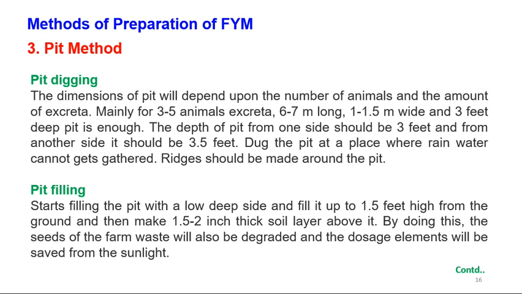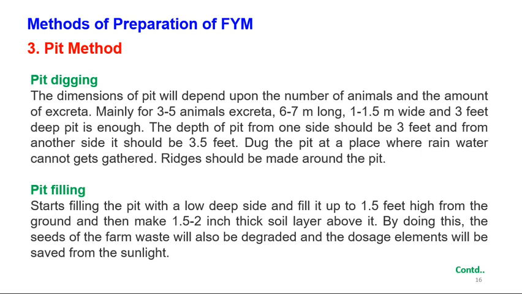The depth of the pit from one side should be 3 feet and from the other side it should be 3.5 feet. Dig the pit at a place where rainwater cannot gather. Ridges should be made around the pit.